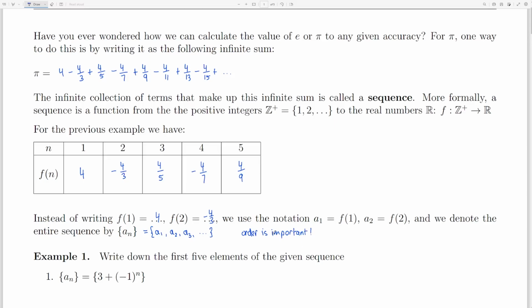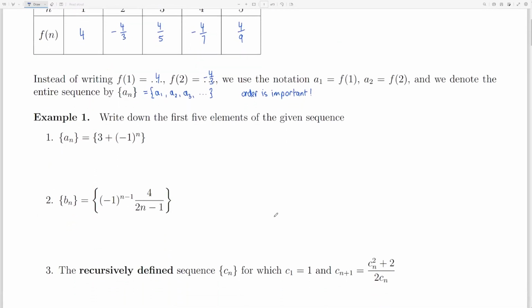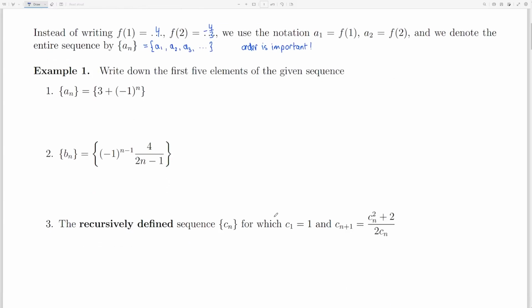Now let's look at a couple of examples. Write down the first 5 elements of the given sequence. The first sequence that we're looking at is the sequence a sub n given by 3 plus negative 1 to the power n. So we can take a look at a sub 1. a sub 1 is equal to 3 plus negative 1 to the power 1.